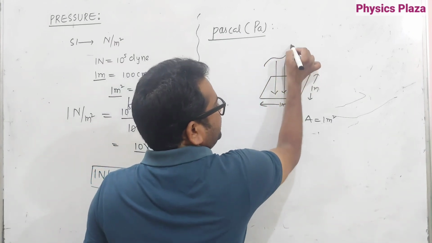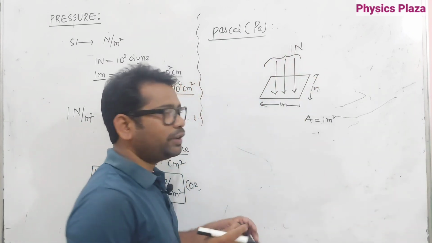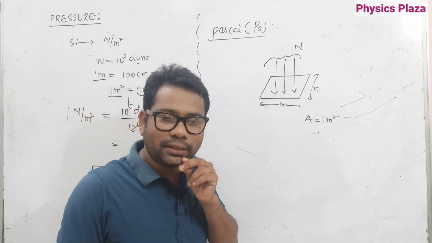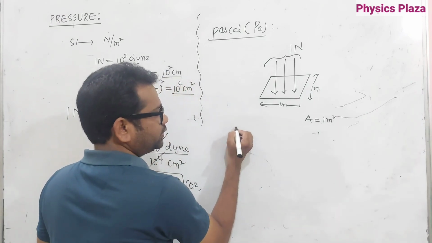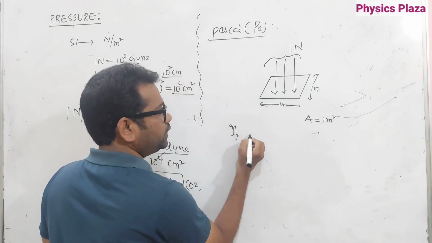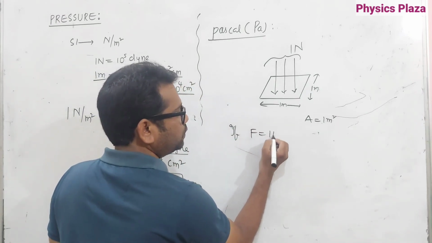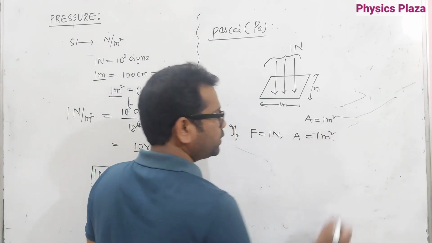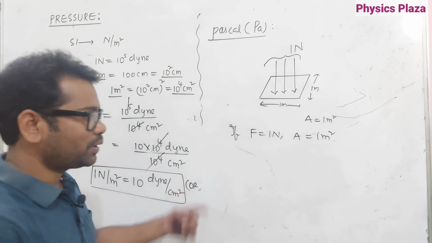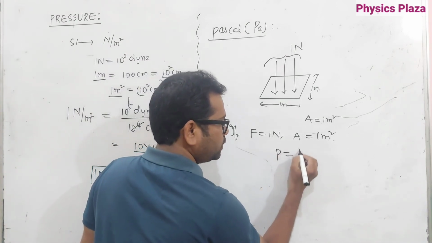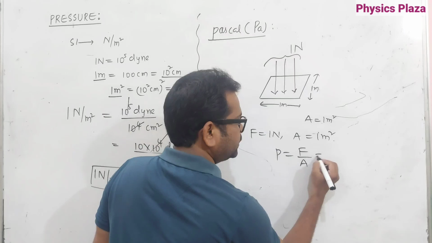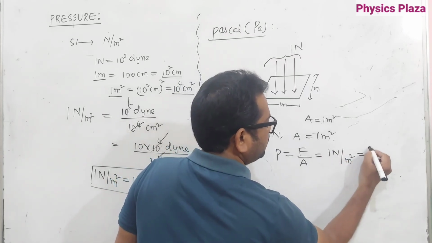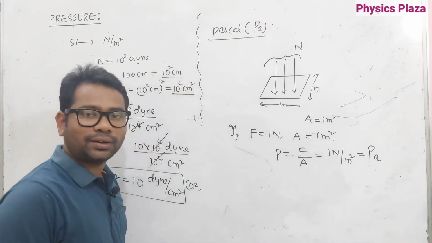If the thrust acting is 1 Newton, then, children, very important: F is equal to 1 Newton, A is equal to 1 meter square. Let us recall P is equal to F by A. That is 1 Newton per meter square. It is called Pascal. Over.